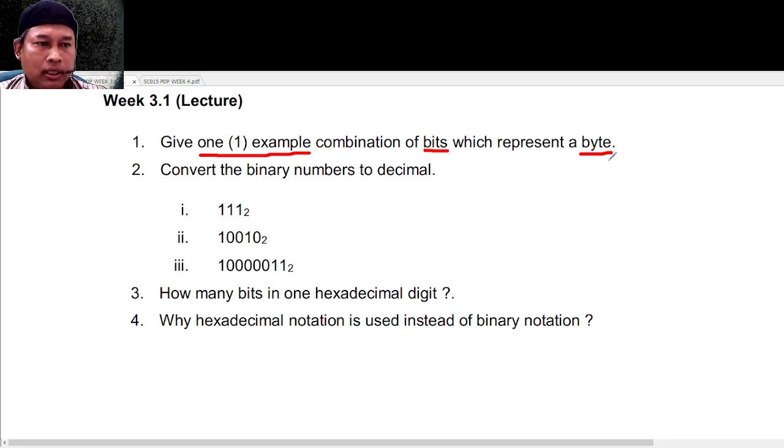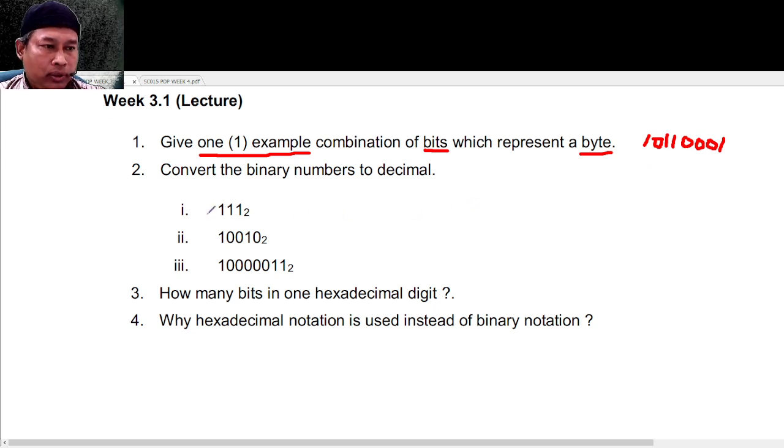So the combination of bits to represent a byte must be 8 bits. This is, for example, 1 0 1 1 0 0 0 1. This is, for example, 8 bits. You must have 8 bits.